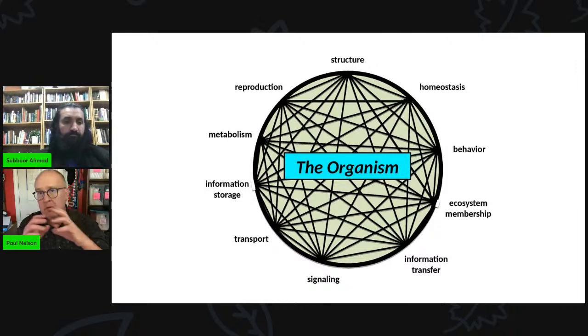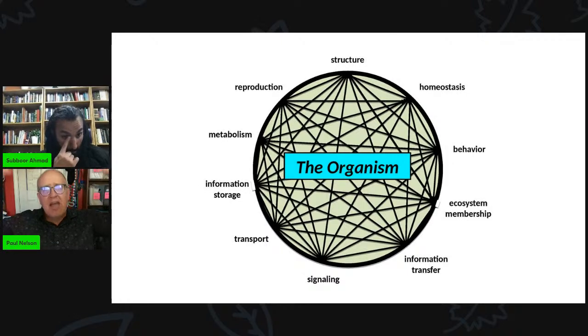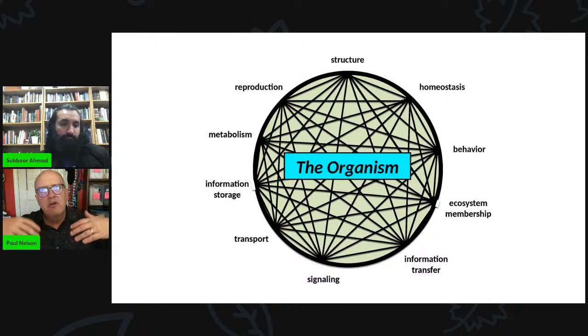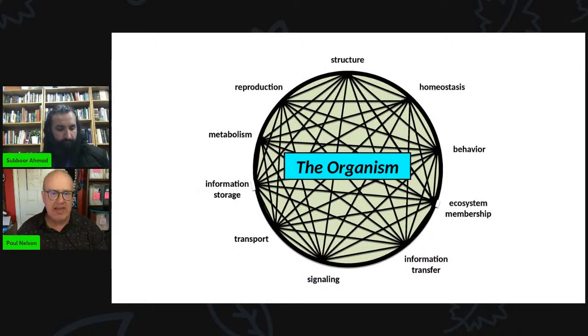But if you work your way through your essential functions list, you find that you're going to have a list of parts that you can't do without. And that principle of can't do without, that's top down. That's the organism telling its lower level entities, I need you there for this role, to transport oxygen, to transcribe DNA, and so forth. And the individual parts that are performing these roles are not going to be the same, because at a basic chemical level, they're not doing the same kinds of tasks.